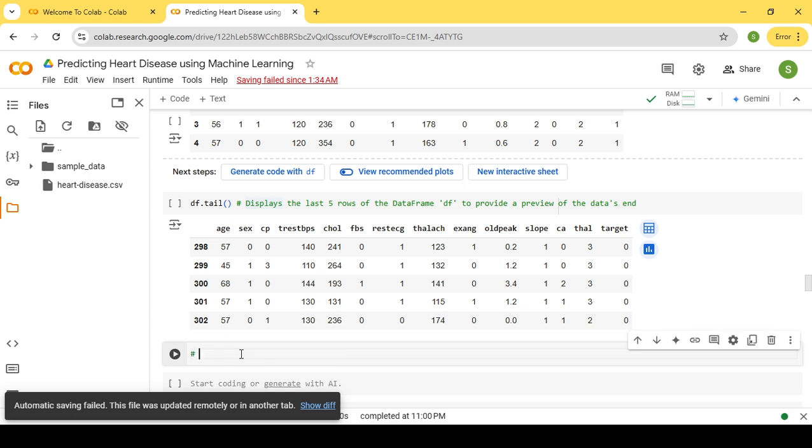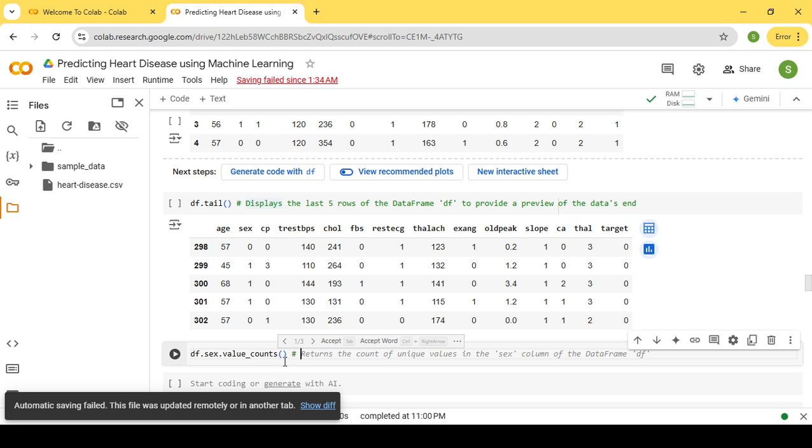To start with that, we are going to specify the data frame and the variable that we're trying to access, in our case, the sex value. Let's see the count, value counts.